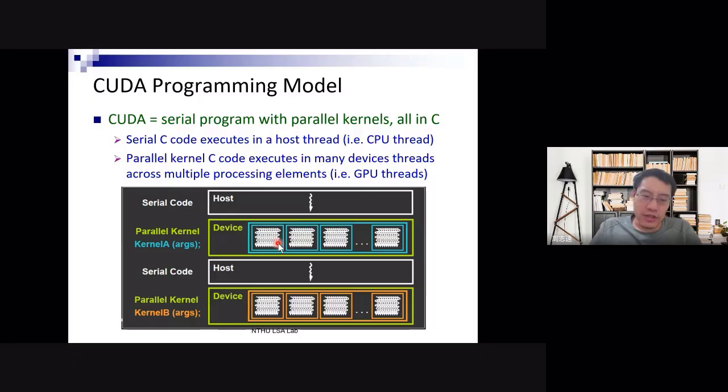So any CUDA code consists of serial code and the parallel kernel, because we said the function is called the kernel. So you have two types of code in your program, and they will be executed either on the host or on the device.